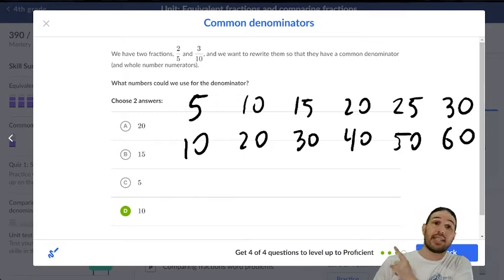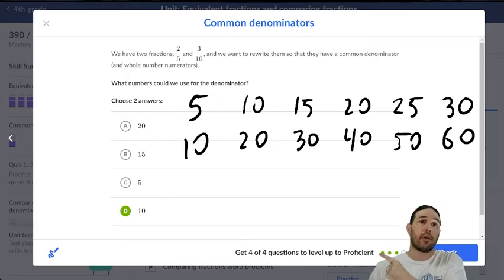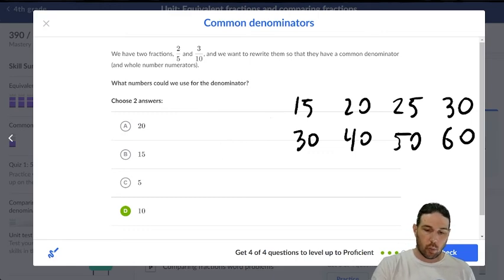Yeah? 10 is in both of those, 20 is in both of those, 30 is in both of those, and again, it turns out that every single multiple of 10, because 5 is a factor of 10, will work as a common denominator. We could use 10, 20, 30, 40, 50, 60, any multiple of 10 that we wanted. All of them would work.